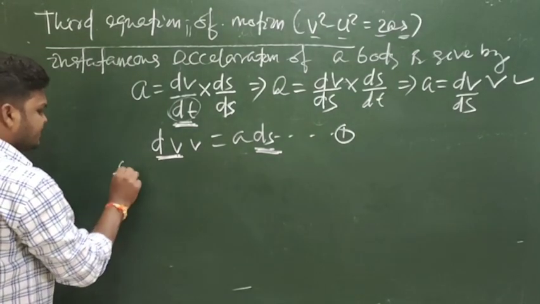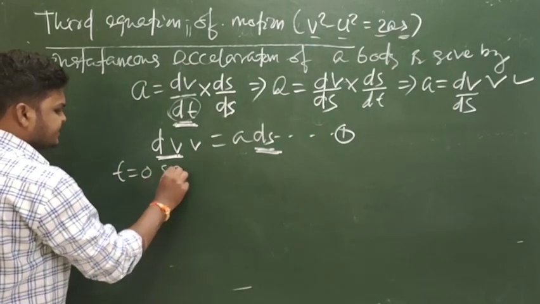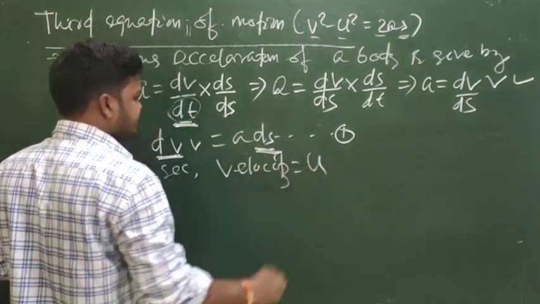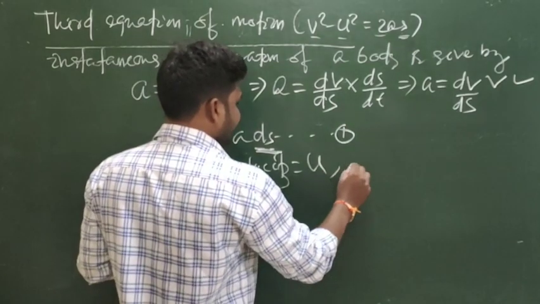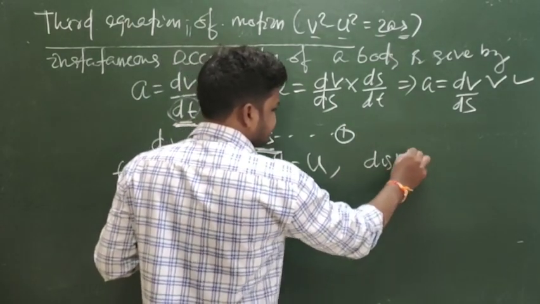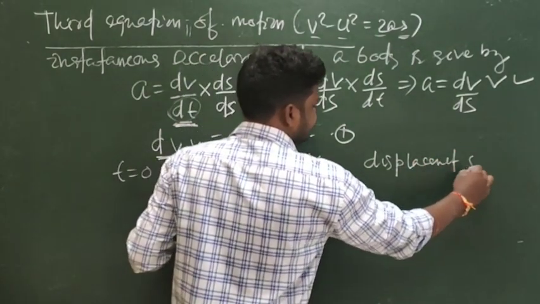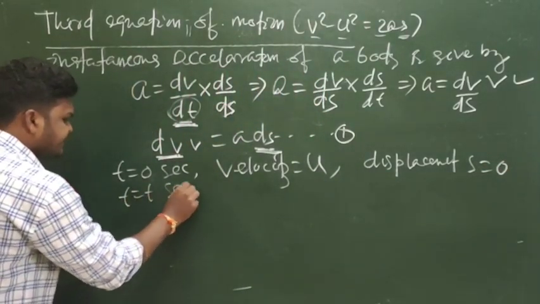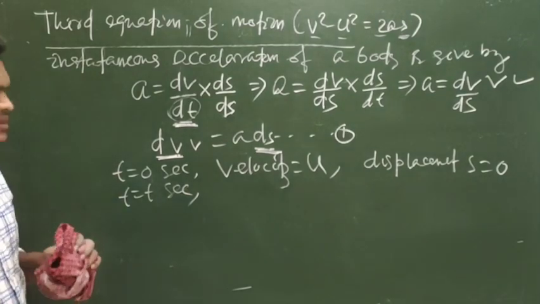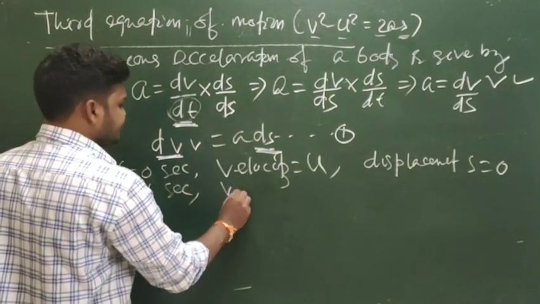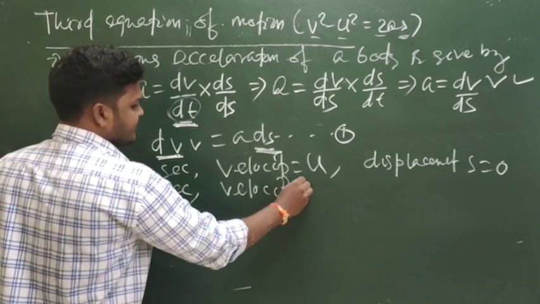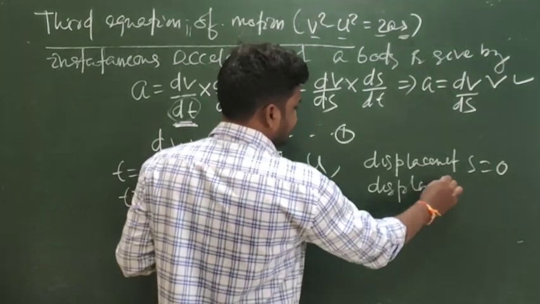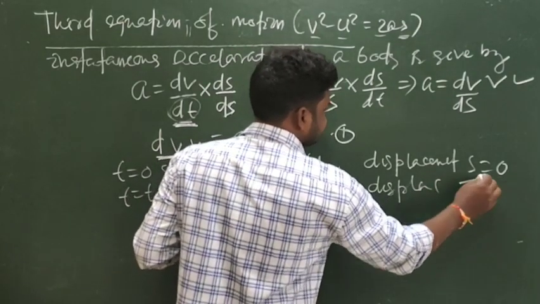First we write the limits. At time 0 seconds the velocity is initial velocity u and displacement is initial displacement 0, and at time t is equal to t seconds, the velocity is final velocity v and displacement is final displacement s.